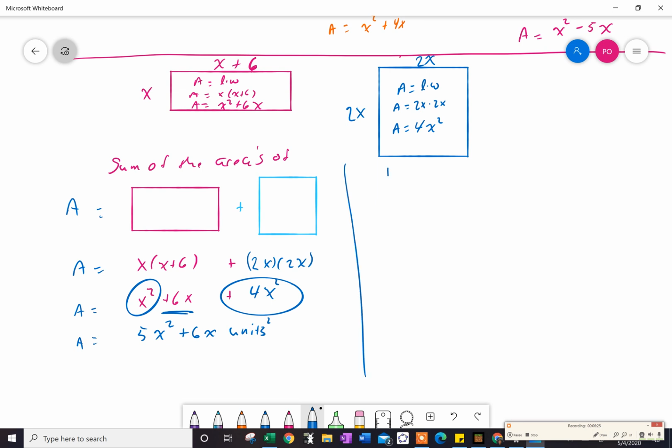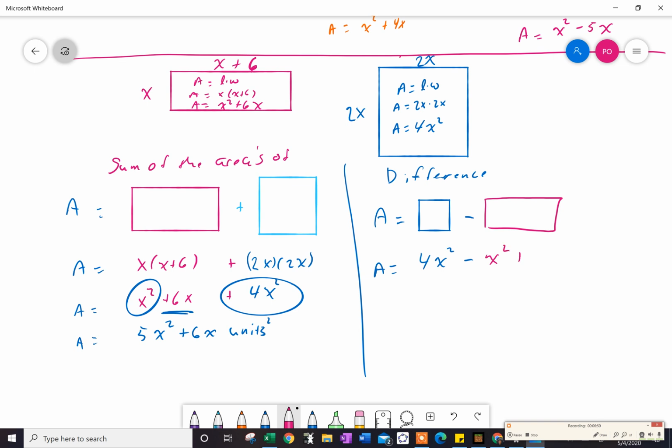And if I wanted to find the difference, I'm going to assume, and this is a bit of a bad assumption, but I'm going to assume that my square is bigger than my rectangle. So let's see what would happen. We'd have area equals 4x squared minus x squared plus 6x. Now this is where I want you to be careful. It's my rectangle here, so I'm subtracting the entire amount.